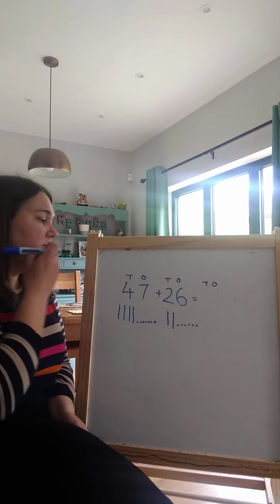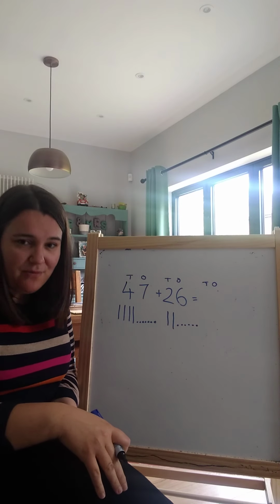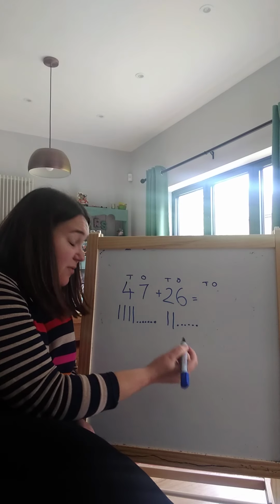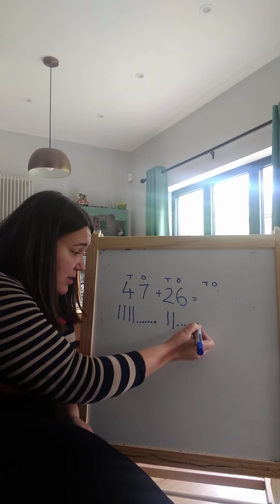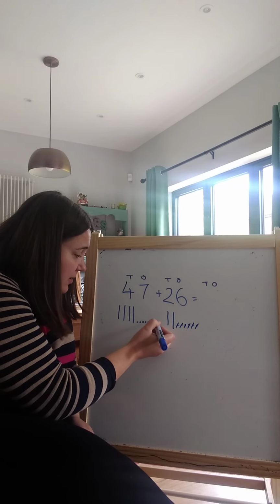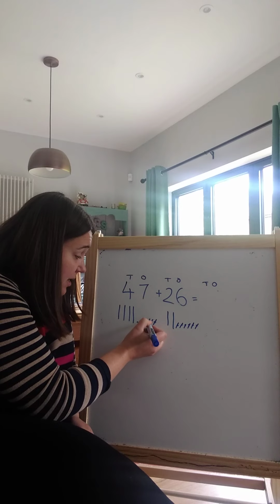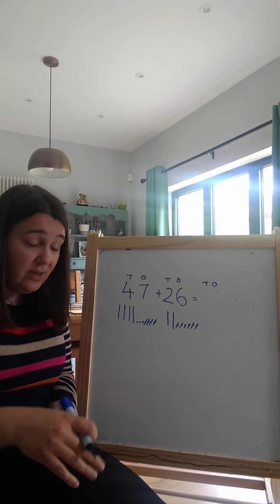So now we're going to add our ones first, like we did before. We can see that we have got more than 10. If you're not sure, count them first and then you can go back and cross them out. So I've got 6 over here. 6, 7, 8, 9, 10. So what am I going to do with those 10 ones I've crossed out?